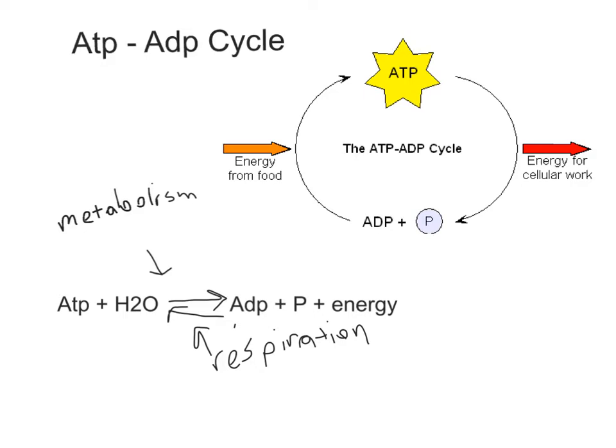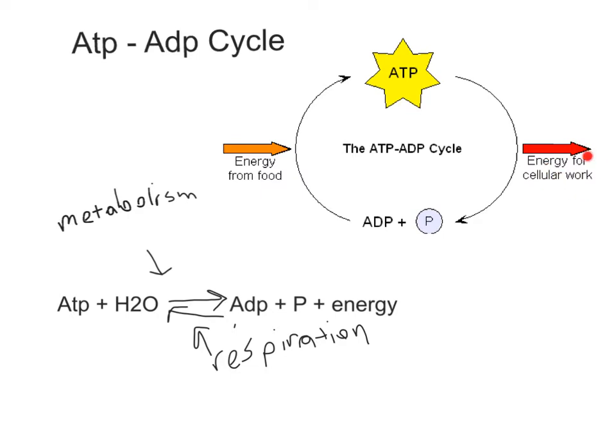For this diagram, and you have a similar one in your notes at the top of page 4, where it says ATP-ADP cycle. Basically, you start with ATP, and you break off that third phosphate to release energy needed for cellular work.